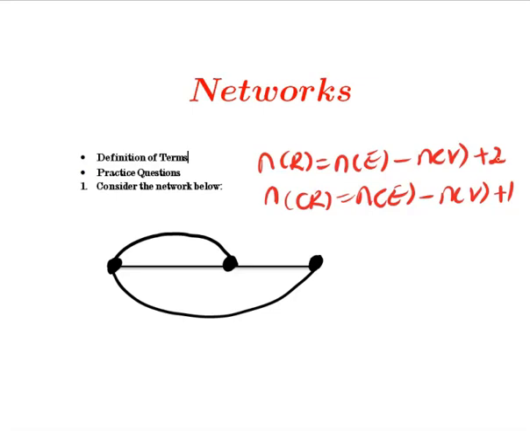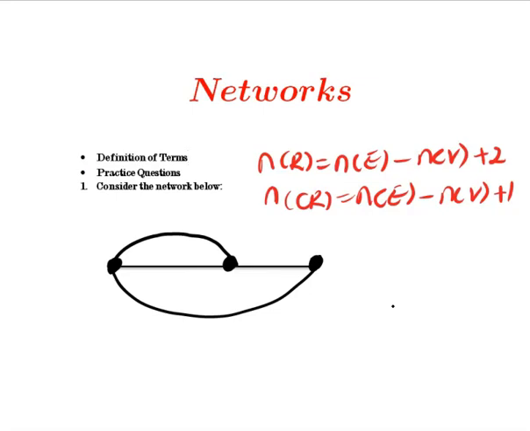That said, I'd like us to practice to really understand what we are talking about. I have this network here for us to answer some questions. Let's listen to the questions attentively. Considering the network below, state the number of vertices, edges, closed regions, and regions.